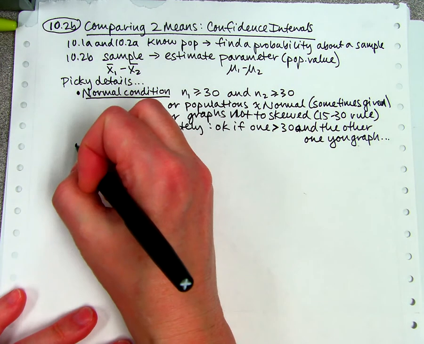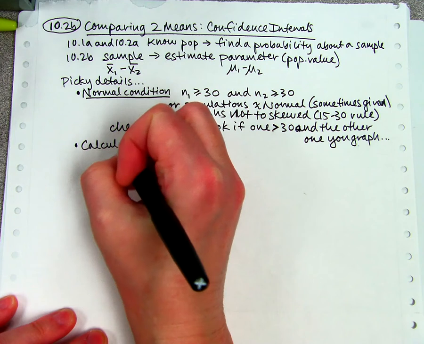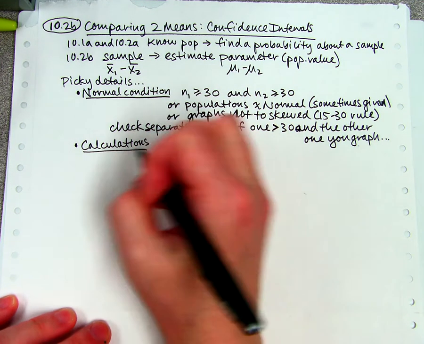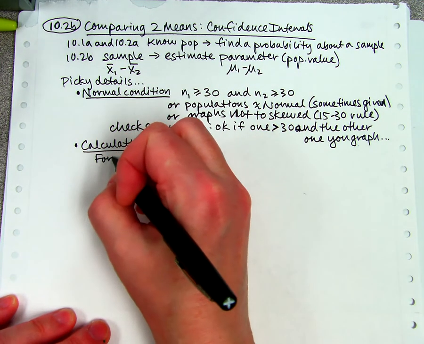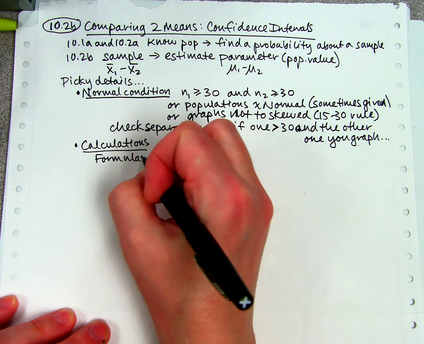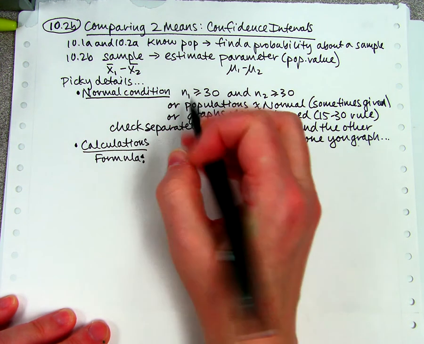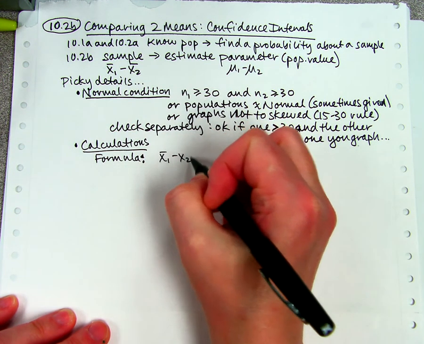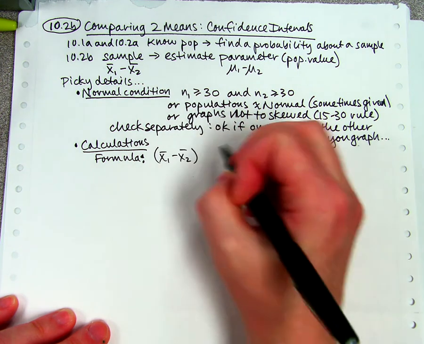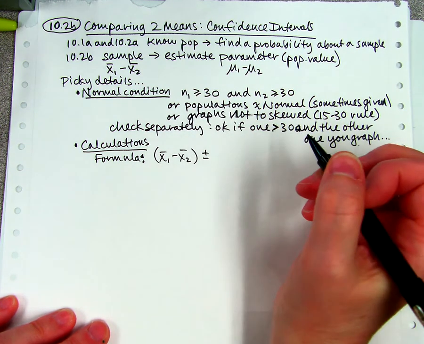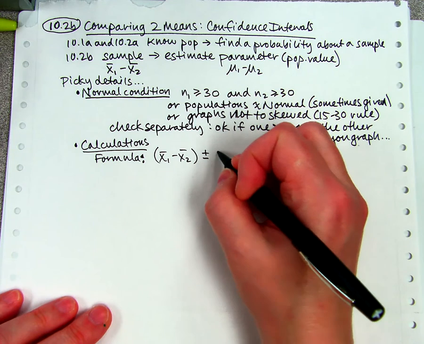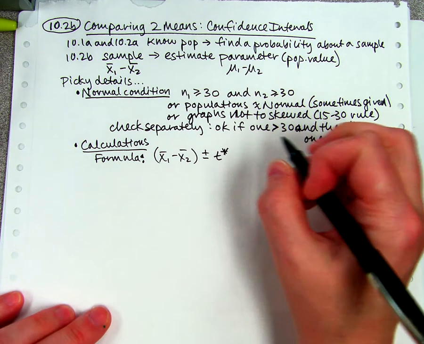The calculations have some changes, of course. The formula for a confidence interval of two means is a lot like the formulas we've seen before. It starts off with our sample means being subtracted. Technically, that's our estimate, plus or minus. We're going to use T star instead of Z, which we've always done for means. T star, and hopefully somebody knows why.